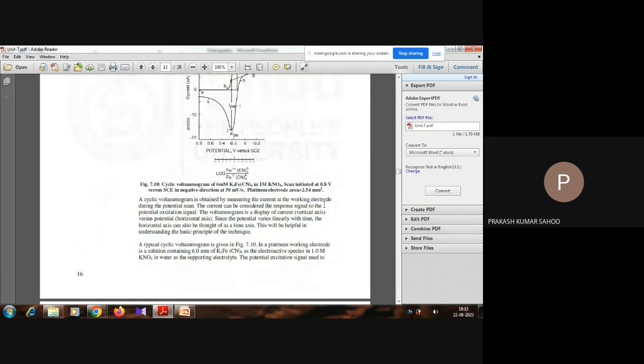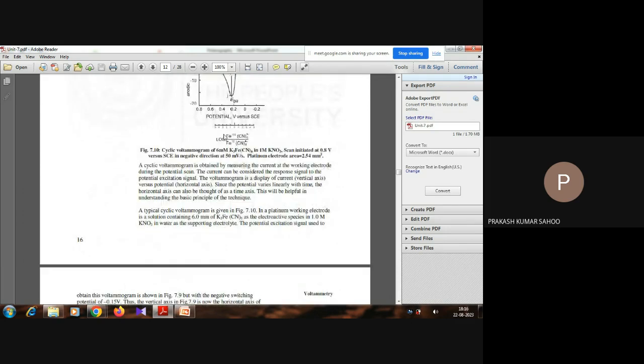Then we have an example of ferricyanide, iron 3 hexacyano, versus iron 2 hexacyano 4 minus.